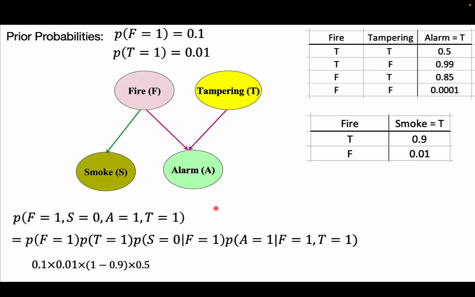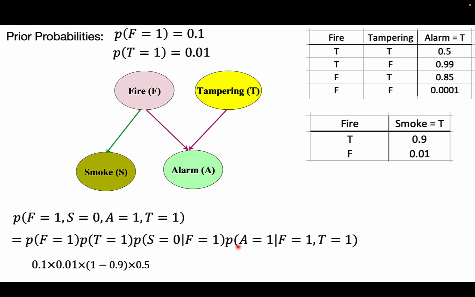To perform inference, we start by translating a probability question into a mathematical expression. Sometimes we can answer it directly using factorization and the probability table. Other times we might need to apply marginalization or even recognize a pattern that looks like Bayes' rule. So in this example, we are trying to find the probability of fire is true, smoke is false, alarm is true, and tampering is true.